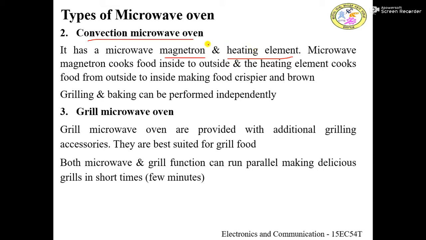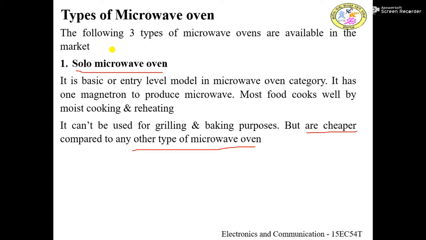Since the heating is done in both ways, the food gets crispier and brown. In some convection microwave ovens, grilling accessories are also provided, so that grilling as well as baking can be performed independently. This is the advantage of the convection microwave oven. It is quite costlier compared to the solo microwave oven.